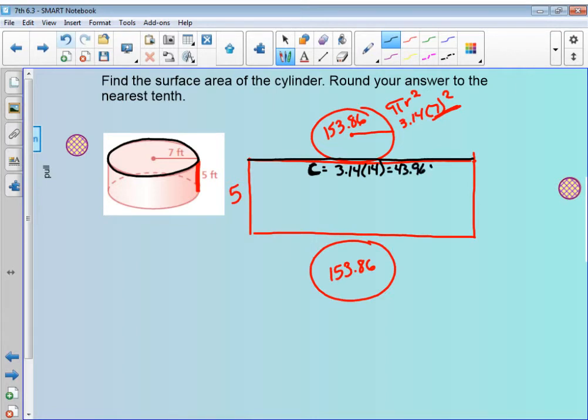And then I'm going to take that times my height of 5. So I need to still multiply that out. So I get 219.8. I'm now going to add these 3 together.